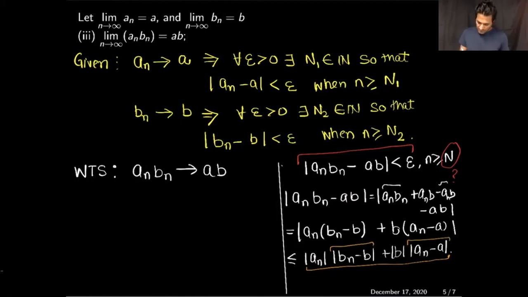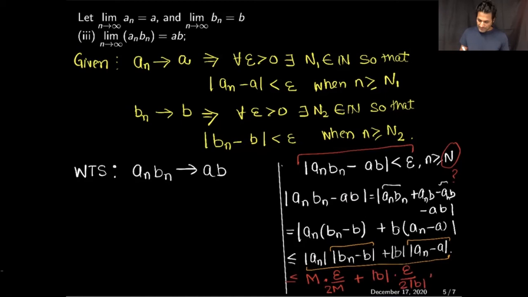So in order to do that, if I want to make this whole thing less than epsilon, I'm going to make this an less than some number capital M, and for bn I will make it epsilon over that capital M, and here I'm going to put 2 also. And this quantity I need to make less than epsilon divided by 2 times the absolute value of b.